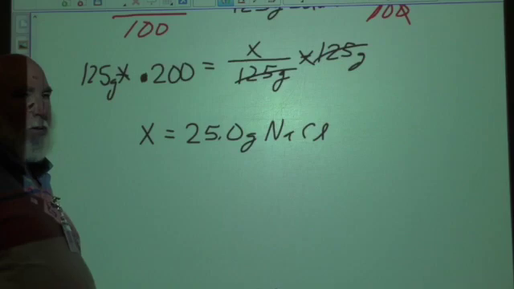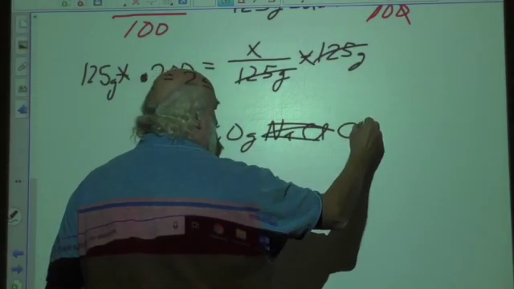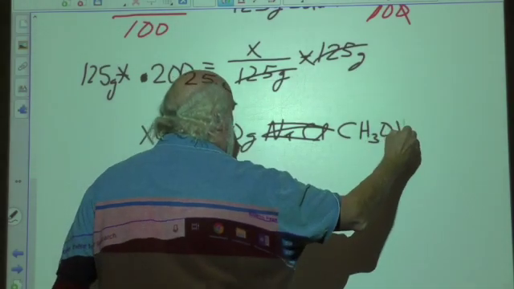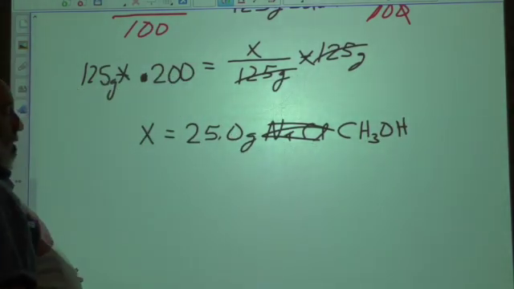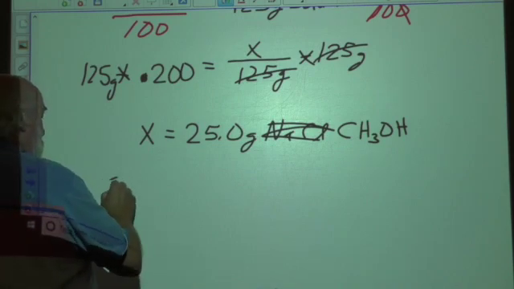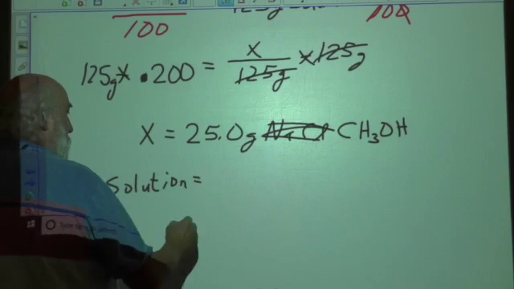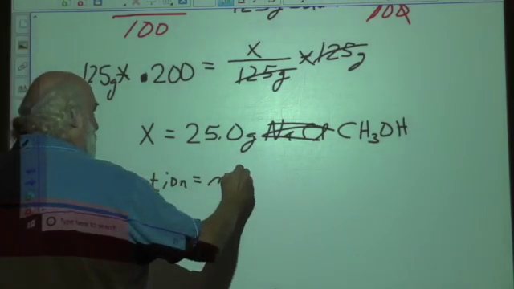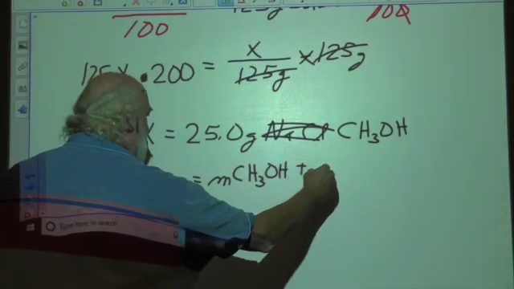So now we know how much salt we have, or not salt, sorry. We now know how much methanol we have. So how do we figure out how much water? Well, we know that the total solution is equal to the mass of the CH3OH plus the mass of the water.